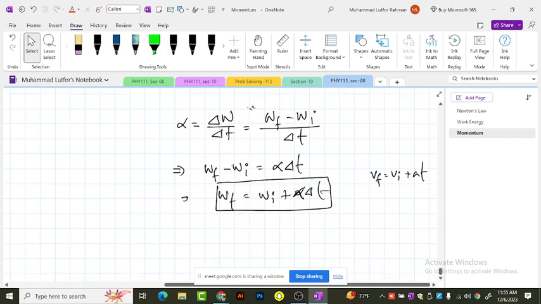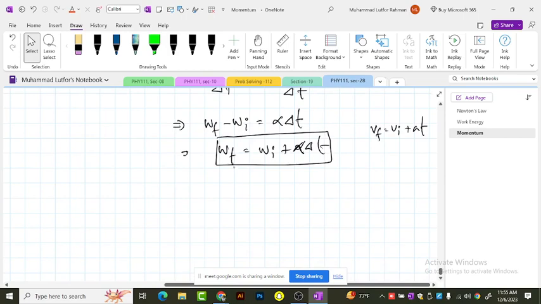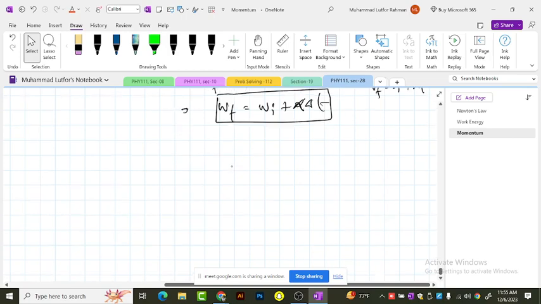So we have similar equations for linear kinematics and rotational kinematics, and that's why I'm going to make this comparison. On the left I write the linear equations, and on the right the angular kinematics equations.